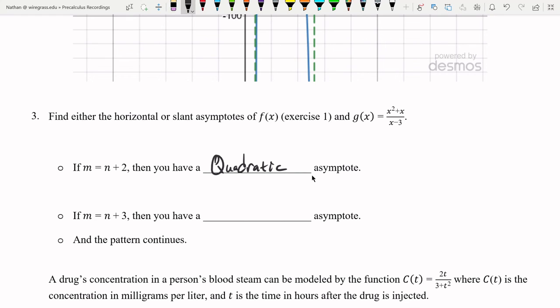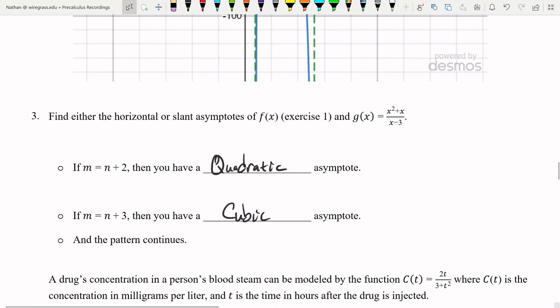And likewise, if it's 3 more, then you have a cubic asymptote, because when you do the division, you're going to have an answer that is cubic, x to the 3rd power of some fashion. So the same pattern continues: 4, you're going to get x to the 4th power and so on.